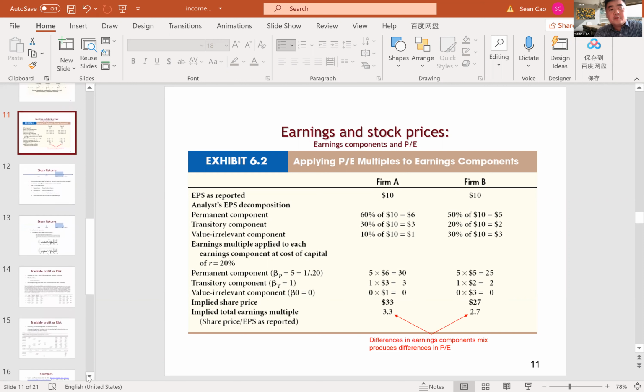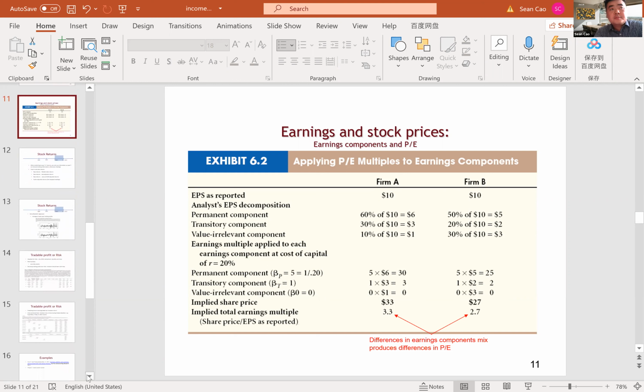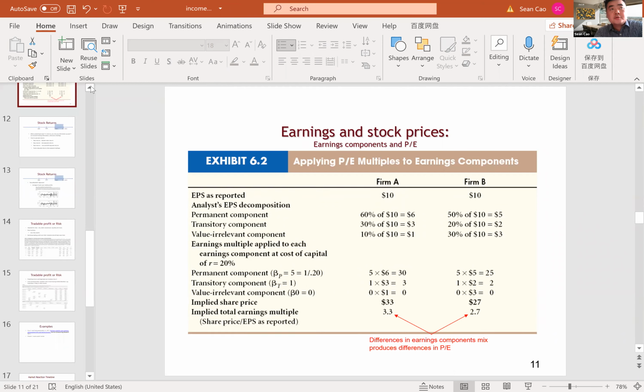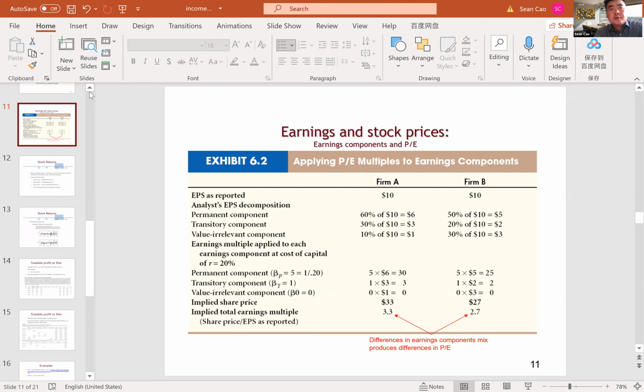So the following, what I want to do is explain how we calculate stock returns. Earlier I was saying there are two approaches: one is theory based, another one is machine learning based.